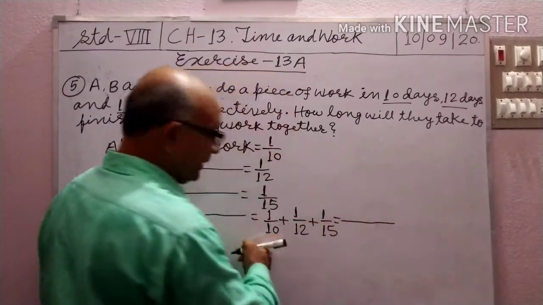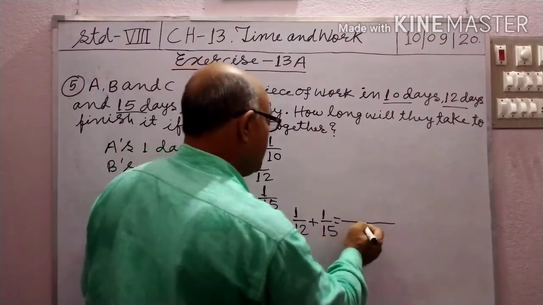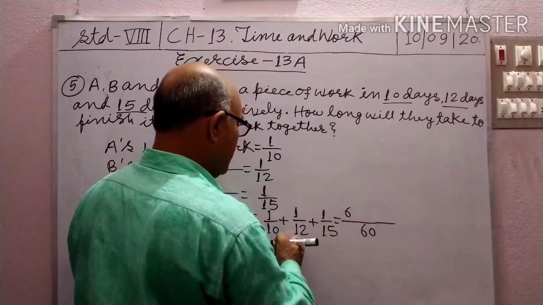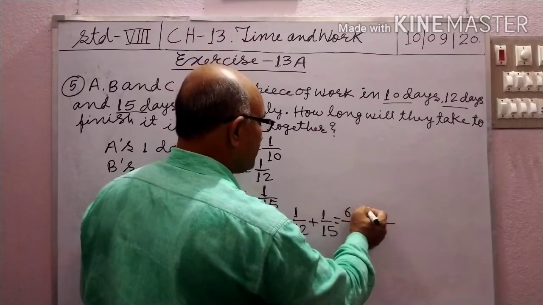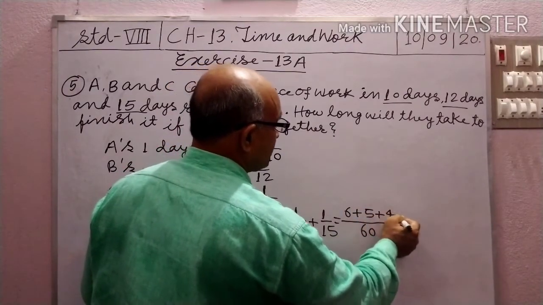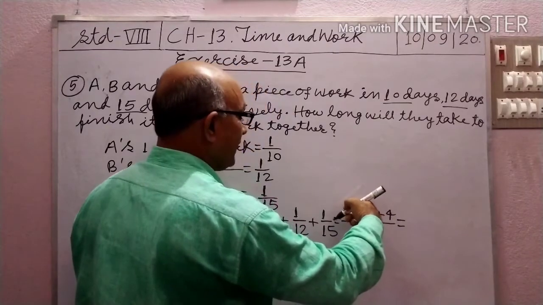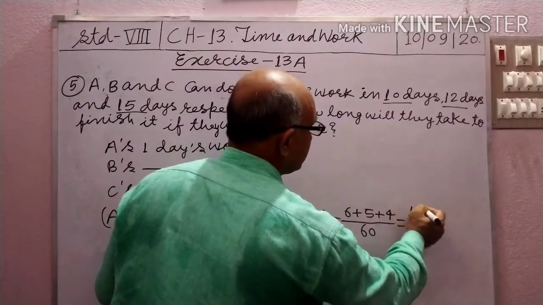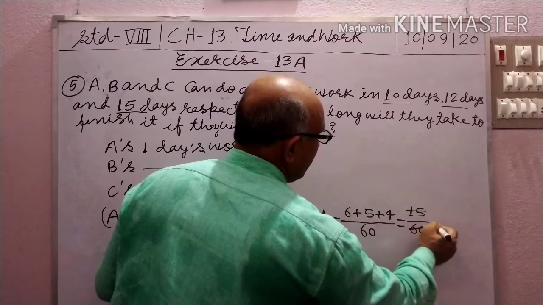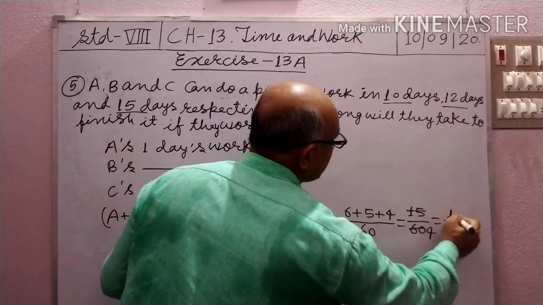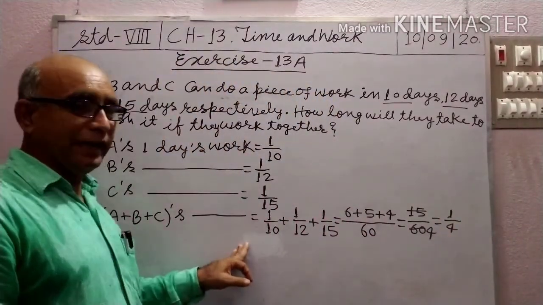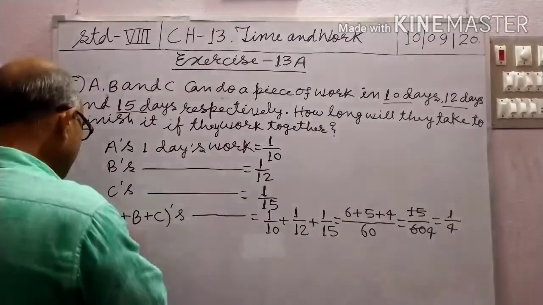Taking the LCM of 10, 12 and 15, it is 60. 10 times 6 is 60, so 6; 12 times 5 is 60, so plus 5; and 15 times 4 is 60, so plus 4. 6 plus 5 is 11, plus 4 is 15. 15 by 60. So 15 times 4 is 60. That means 1 by 4. A plus B plus C's 1 day's work is 1 by 4.